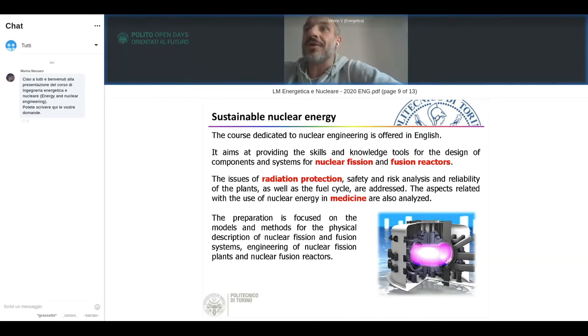But we have nuclear energy for medicine, together with companies operating in the nuclear sectors. And the preparation is focused on the modeling and the methodological aspects, which are necessary to build the physical description of these types of systems.